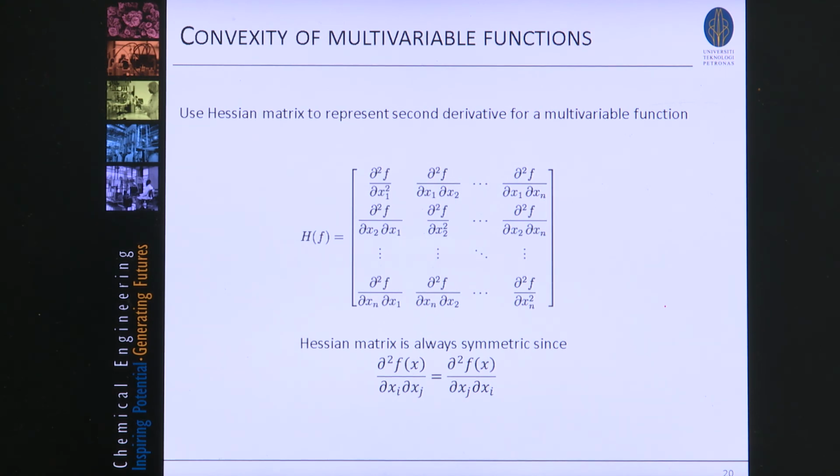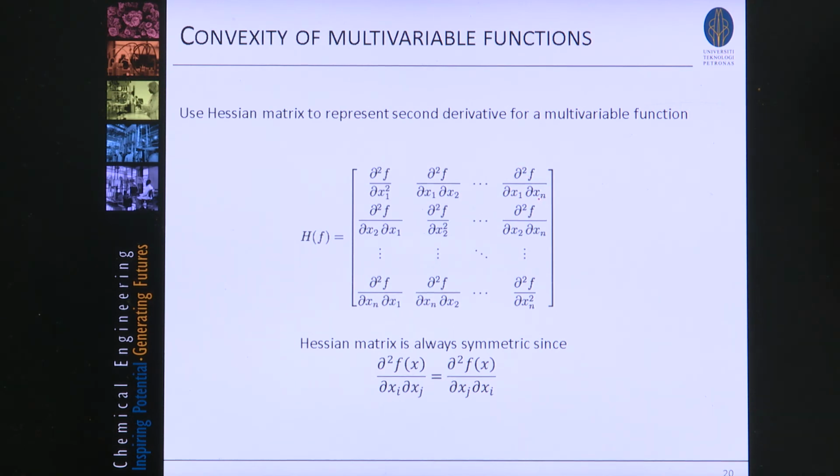And if we want to make a second derivative, we can just use the Hessian matrix. We have the derivative of f with respect to x1 and then x1 again. The next part is the derivative of f with respect to x1 and then x2, and so on until the derivative of f with respect to x1 and then xn.